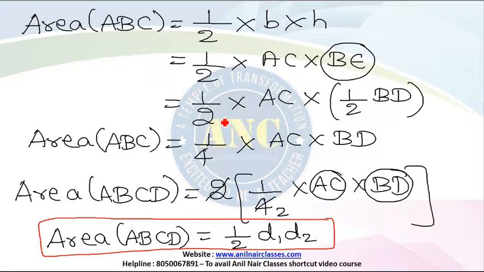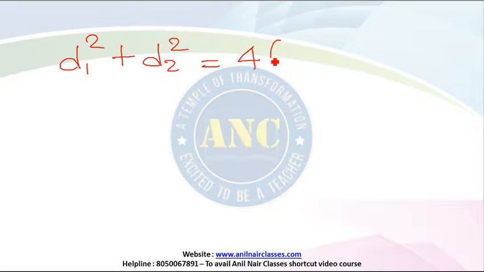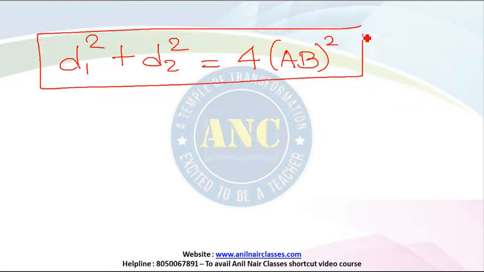Now there is another notation which you can remember if possible. The sum of the squares of diagonals, D1 square plus D2 square, is 4 times any side square. If I take side AB, it is AB square, because AB, BC, CD, DA all are same in a rhombus.